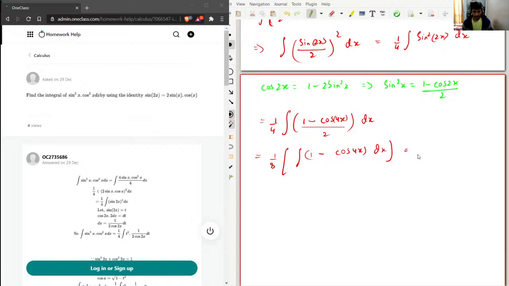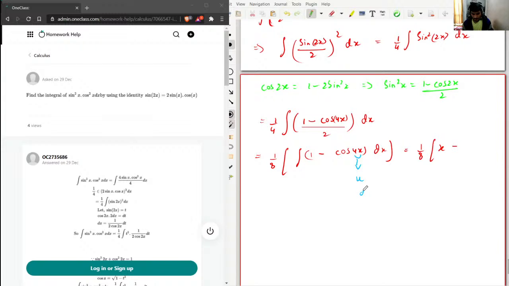Now what I will do, I will do the integration now first. So this will become 1 over 8, 1 dx with x minus cos 4x. So let's say this 4x is u.